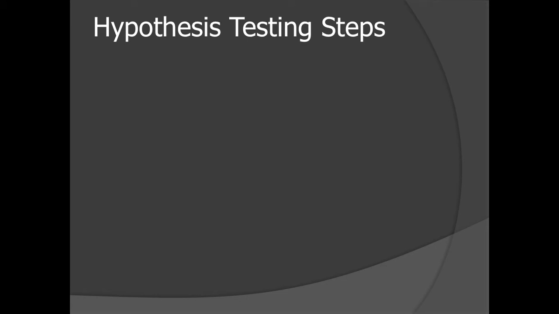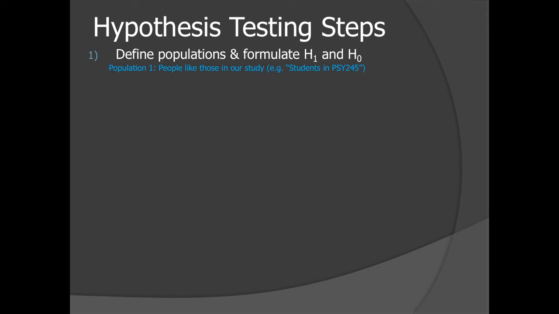So the hypothesis testing steps for a chi-squared test start out similarly, it's the same 5 steps, but the way that we go about them is different. The first step is to define our populations and formulate our hypotheses. This is fairly different from how we would describe these than some of the other ones.